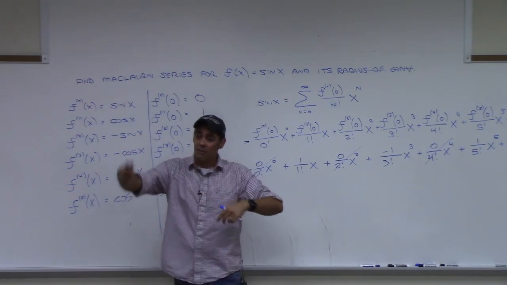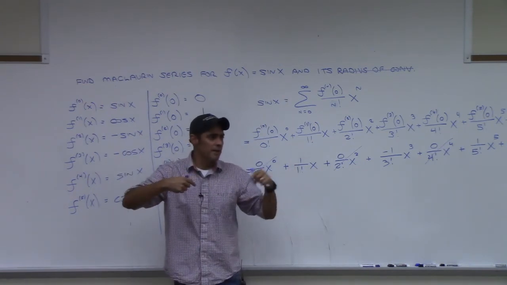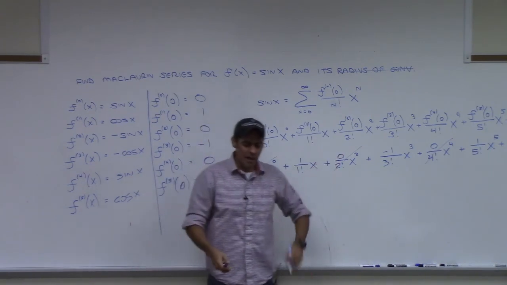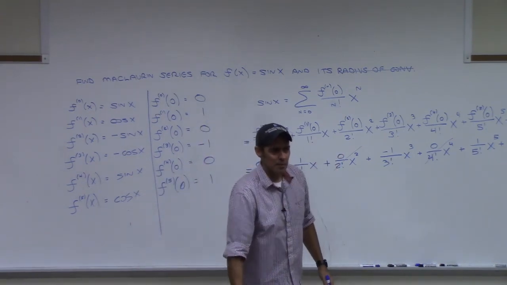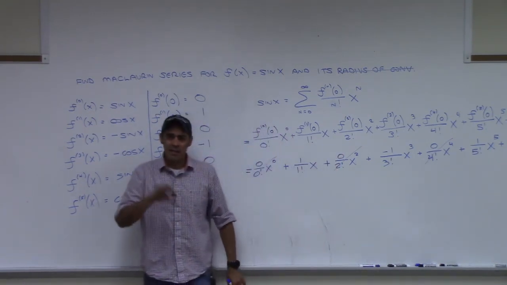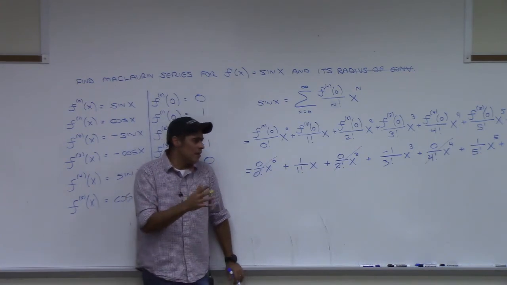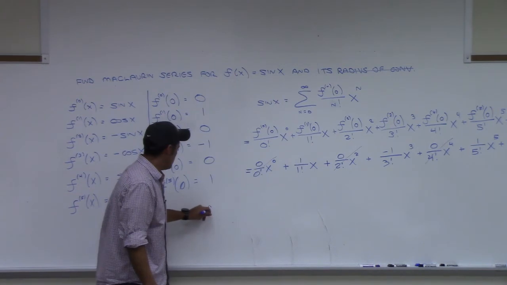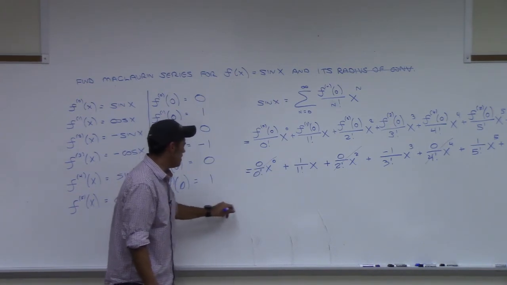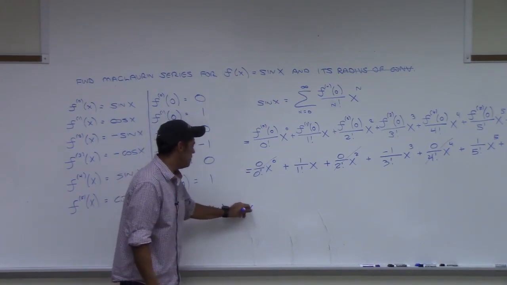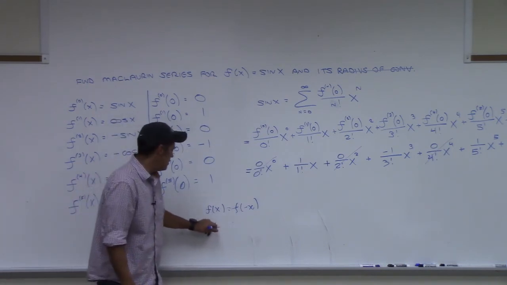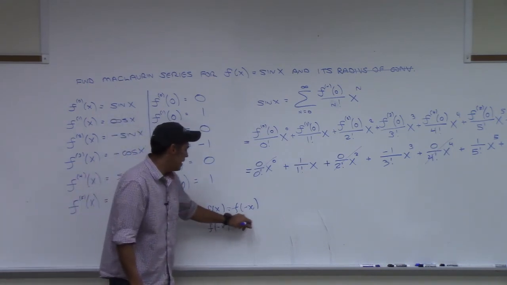Sine is an odd function, right? That's why. Cosine is an even function. That's why. So I mentioned this a while back, yes? Back in college algebra when you're learning about even and odd functions, they tell you what they are algebraically. To be even meant that f of x was equal to f of negative x. Remember that? And to be odd, it meant that f of negative x equals negative f of x.